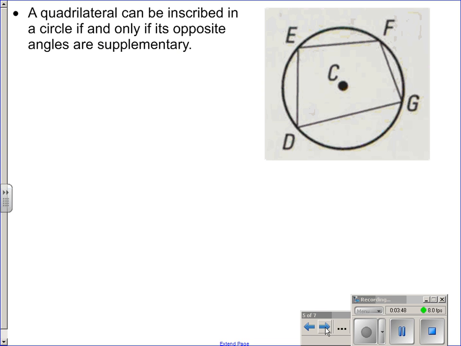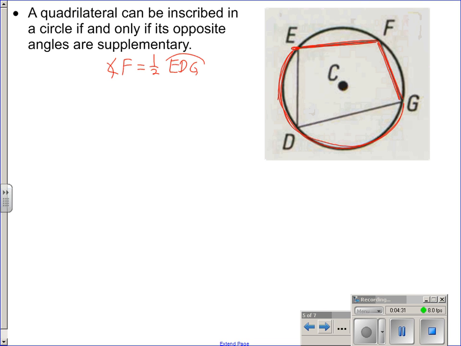All right, I believe this is the last property. A quadrilateral can be inscribed in a circle if and only if its opposite angles are supplementary. The idea with this one is, if we have this inscribed angle, angle EFG, its intercepted arc is arc ED around to G. So angle F equals half the intercepted arc, which is arc EDG.